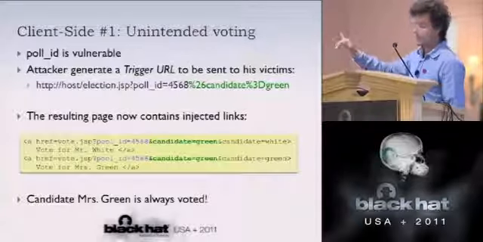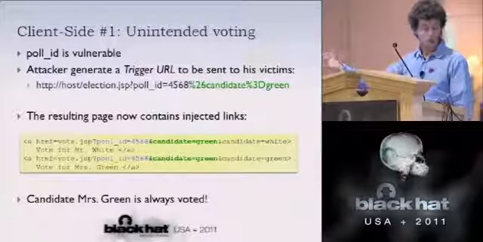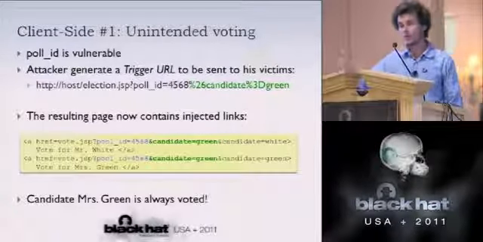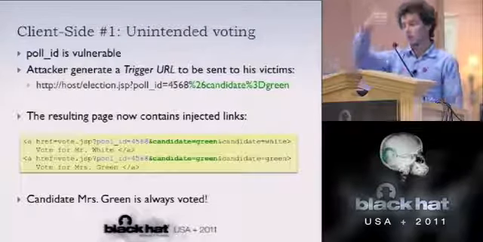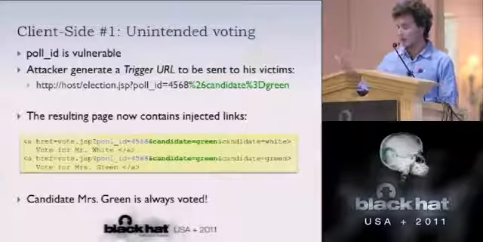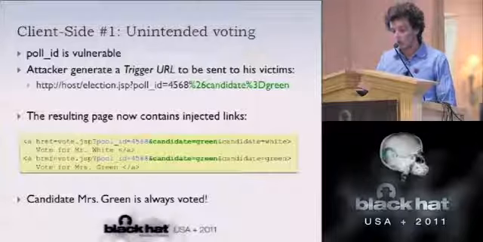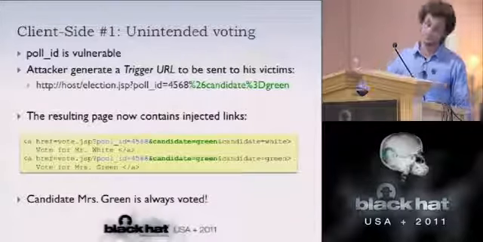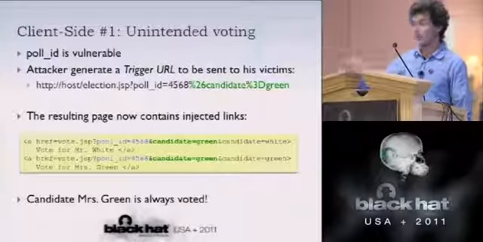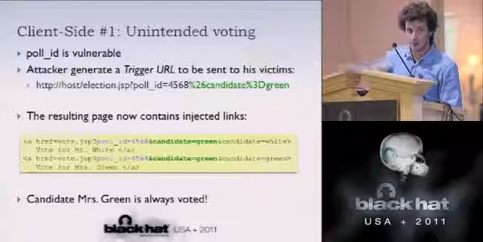What the attacker does is send this trigger URL to their victims, to people around. Then these people click on the URL, they open the page, and the page just shows the different candidates to vote for. It's just the standard page, and if SSL is enabled, it will be SSL enabled. So the attacker does not attack the application itself, but just modifies the two links that are generated by the application.